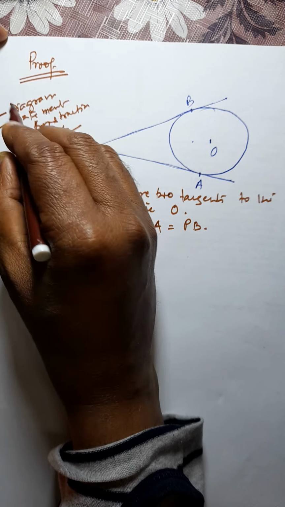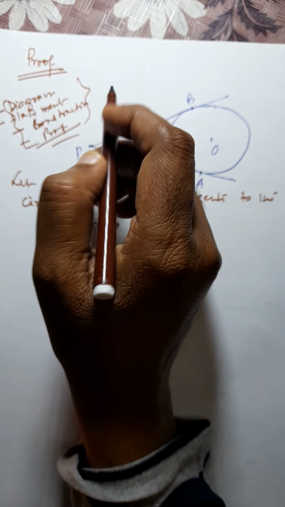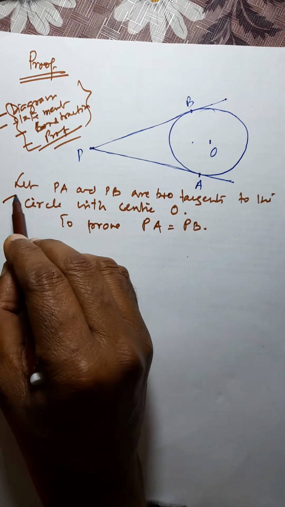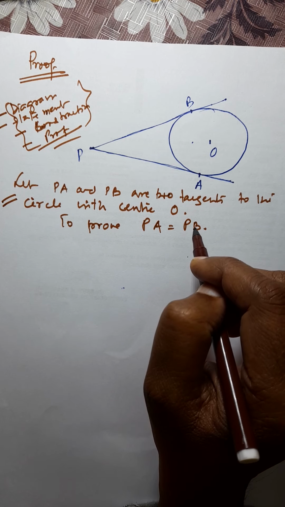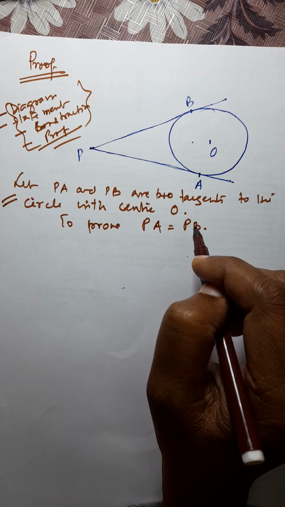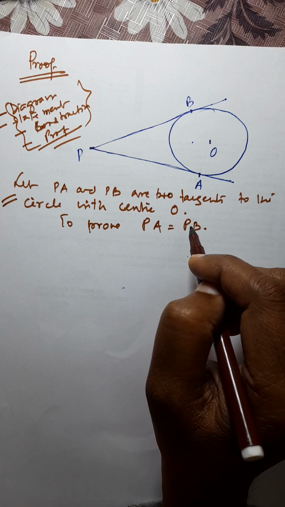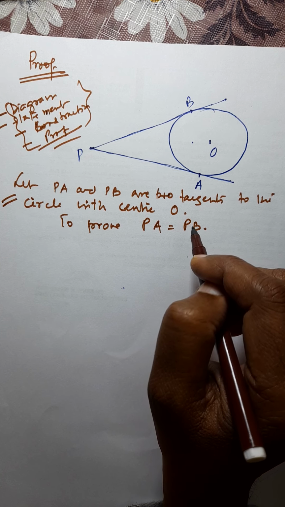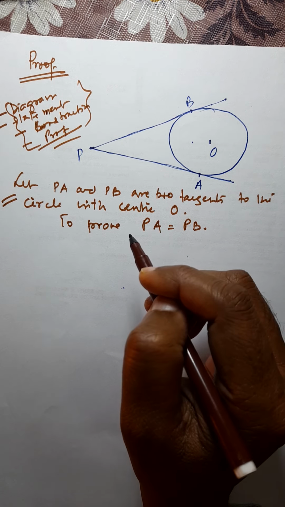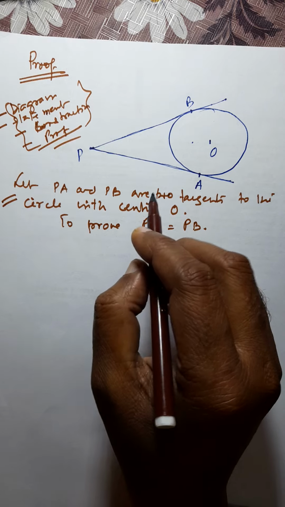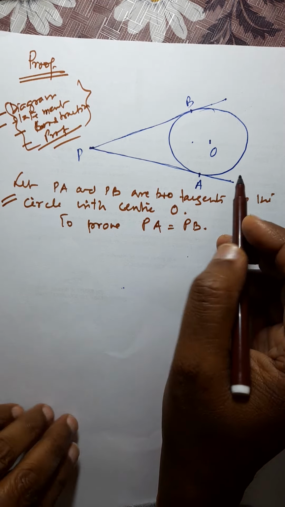First is diagram according to the question. Next is statement. This is the diagram, this is the statement. And next we will do the construction if needed. Sometimes to prove whatever is given, it may not be sufficient, so we need extra construction to prove it. Next is proof. With the help of the axioms and postulates, we will prove it. Okay.